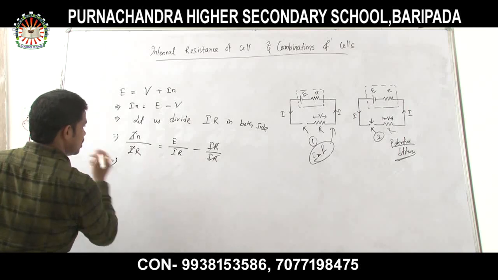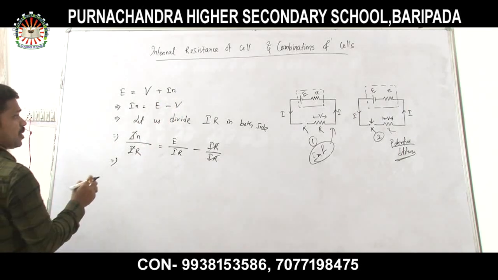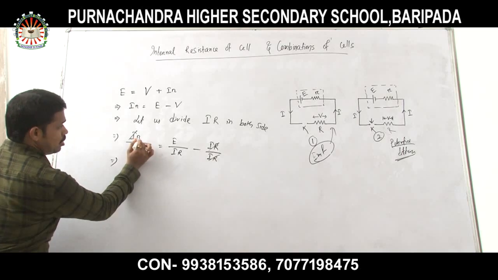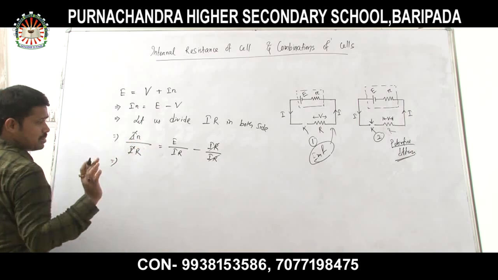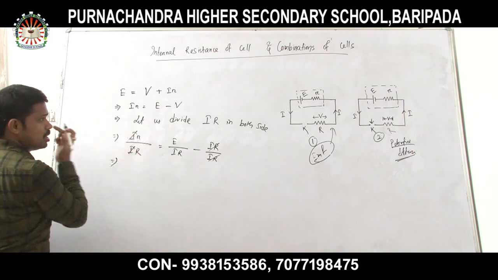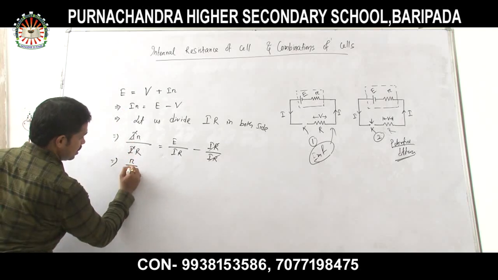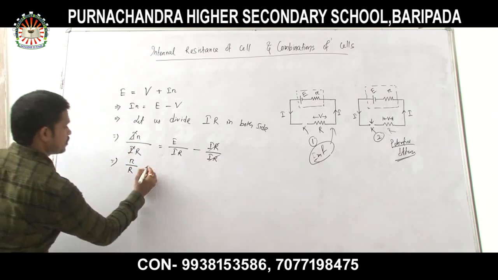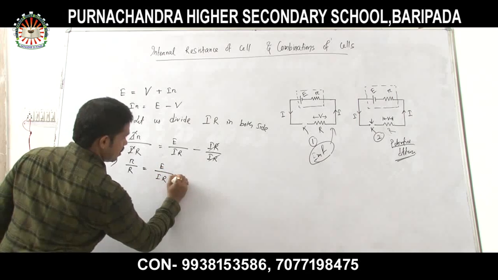Okay, so this is, you can write down, because we want to find out the value of small r. The value of small r. Remember, we want to find out the value of small r. Okay, so now this is r divided by R is equal to E divided by V minus 1.